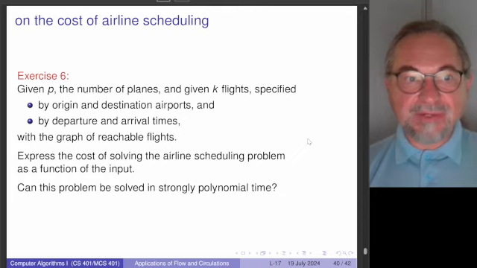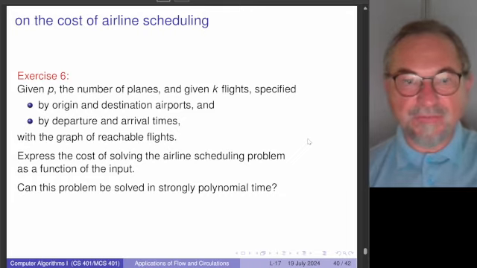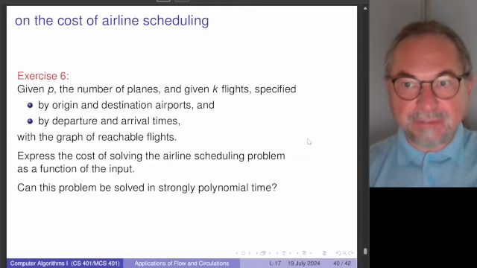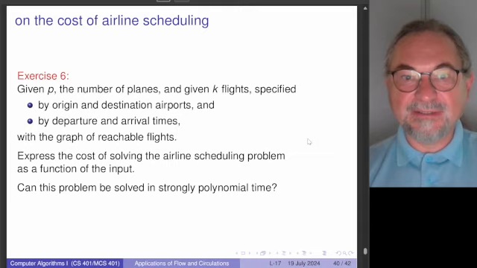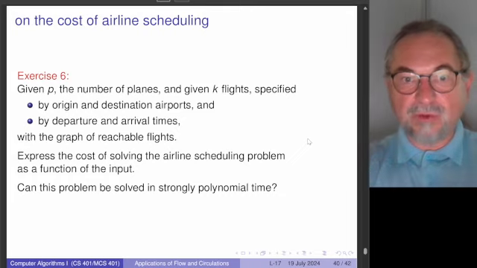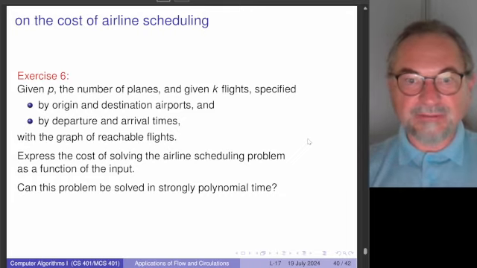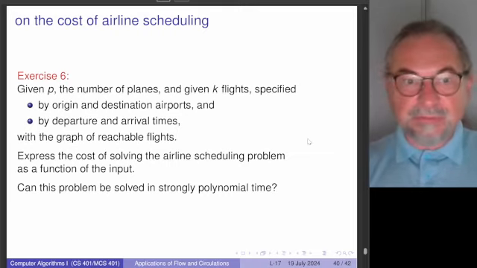But here we actually have an upper bound already, and that is P. So if you can find a maximum flow of P, then your P planes that start from the source will also end at the sink, and they will have served all the K flights if the circulation was feasible.